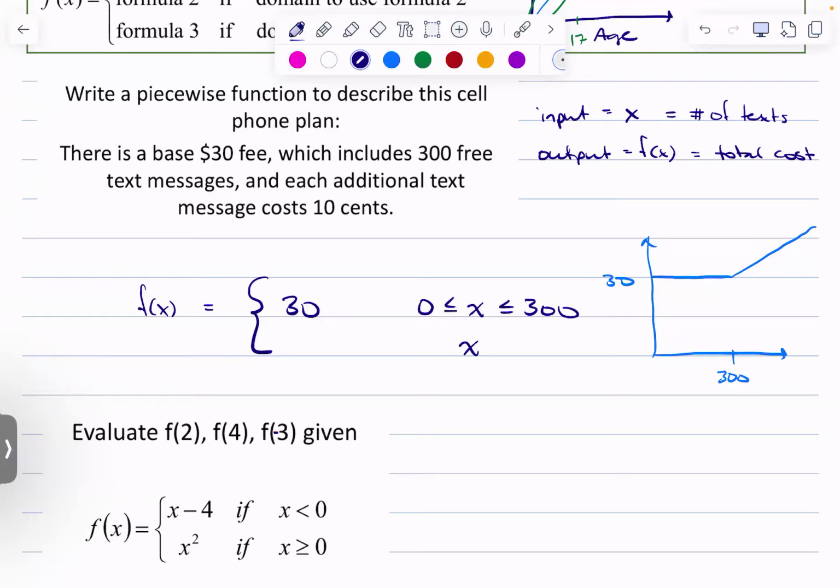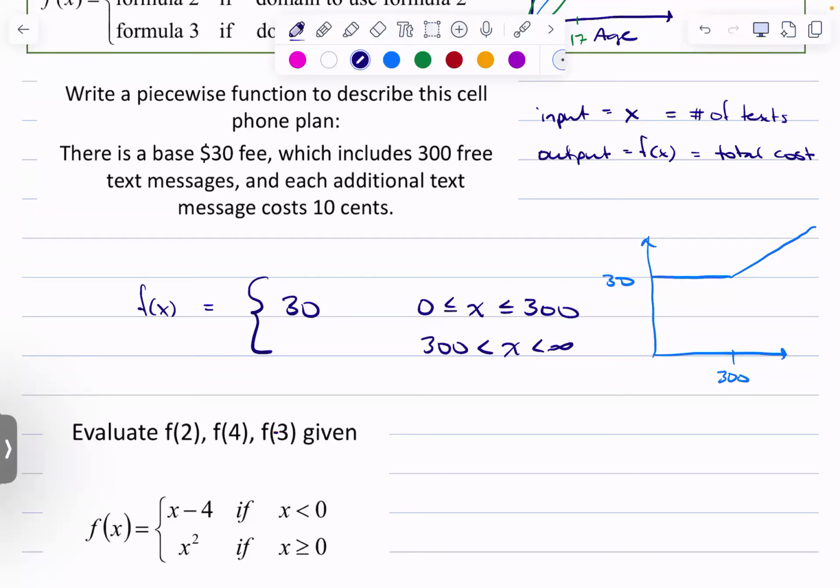If x is greater than 300, and if you wanted to, you could throw an infinity on there if you're feeling snazzy.